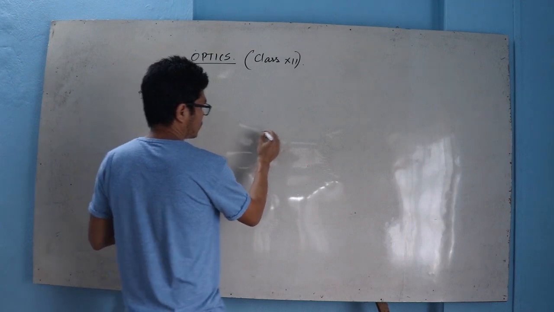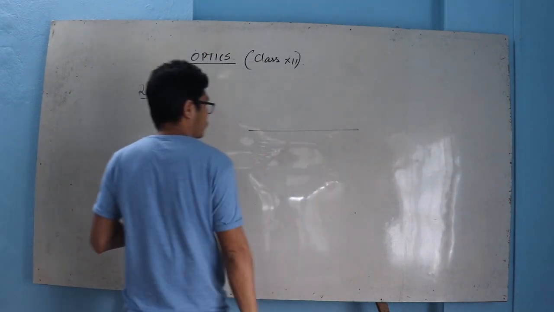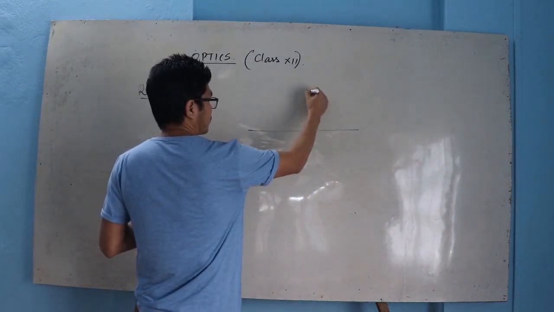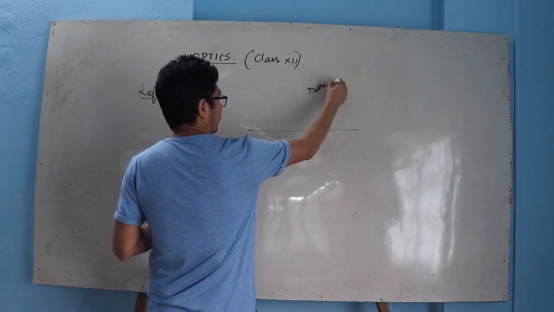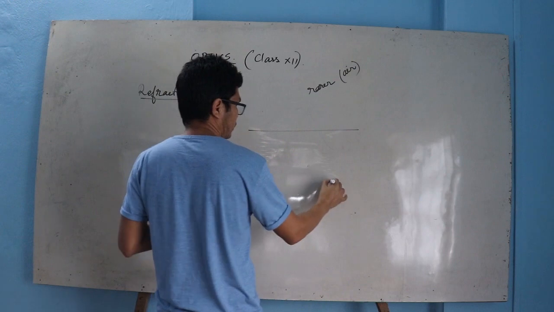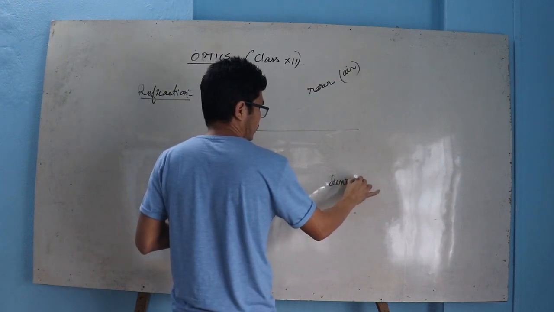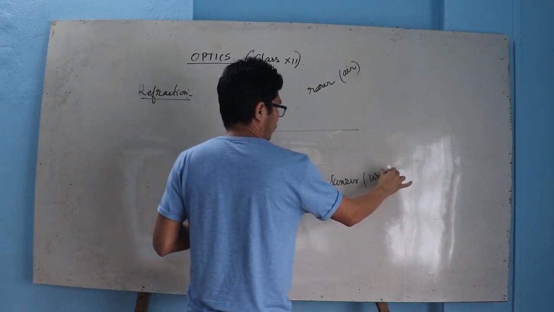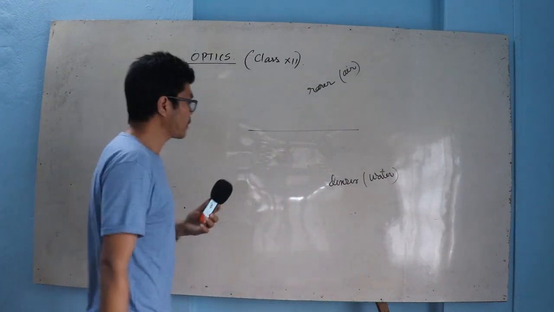In refraction we need to have two different mediums. The first one is rarer, it can be your air medium, and this will be your denser, it can be a water medium, for example.